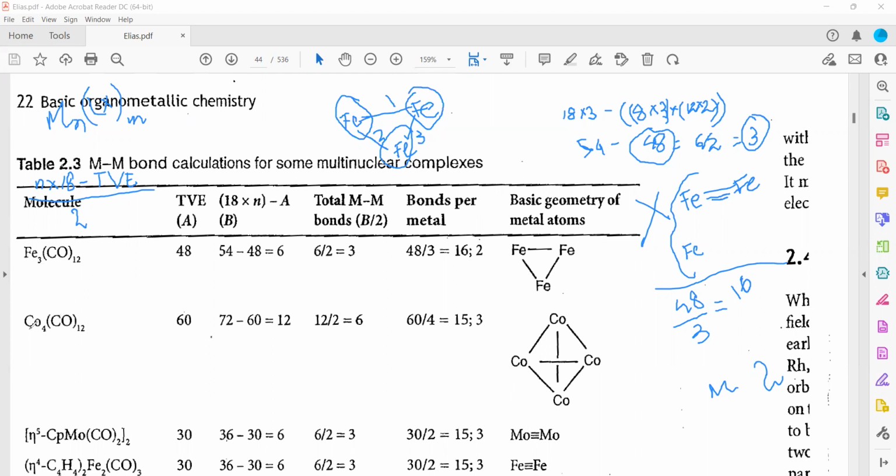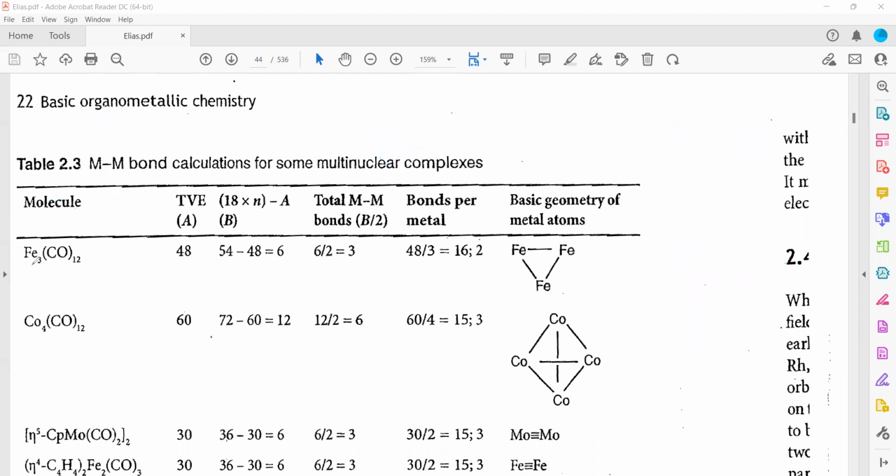Okay. Now a similar question is this one. Let us solve it. So cobalt 4, CO 12. Okay, so let us proceed.